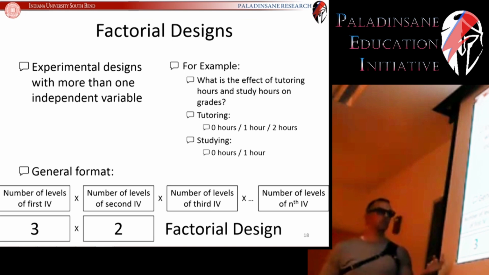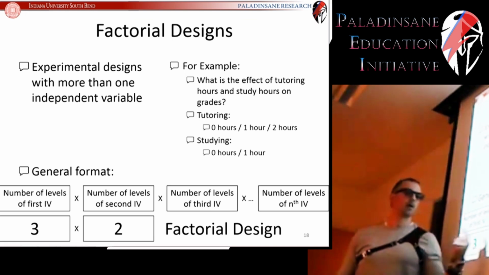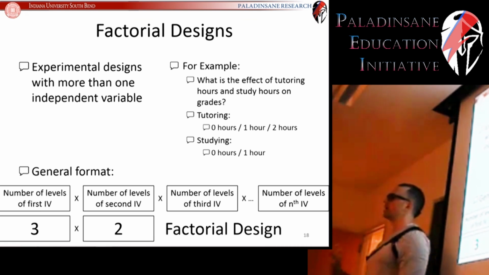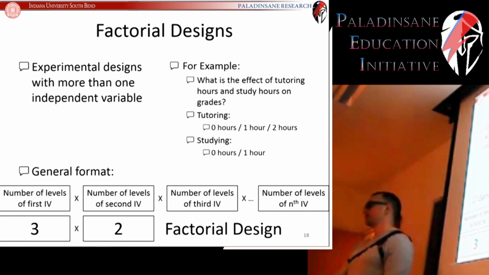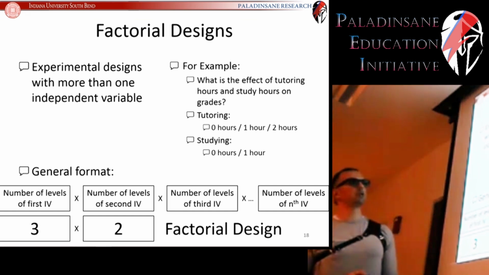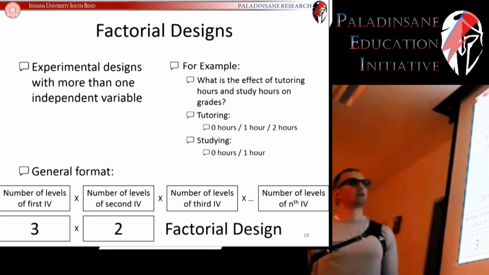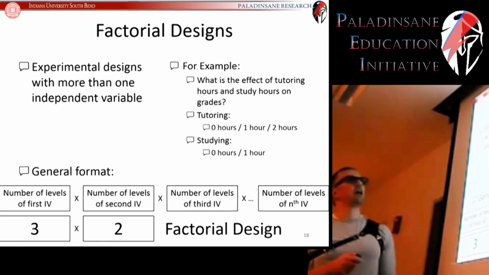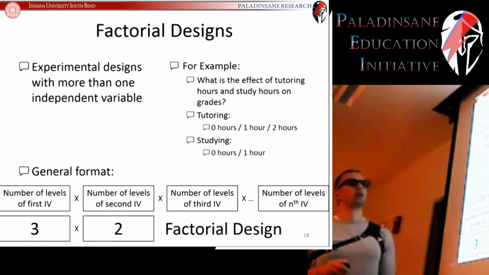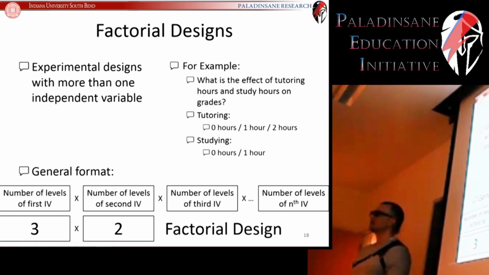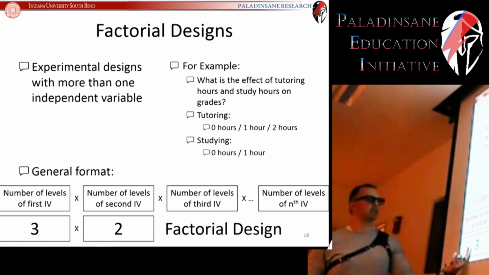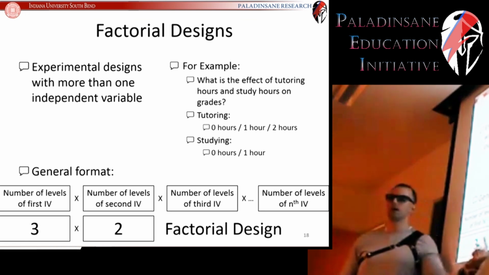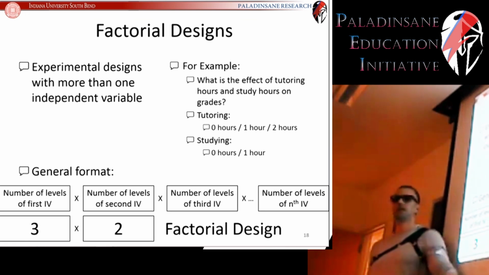This multiplication is basically a way of summarizing how many different conditions are in this one experiment. We have 3 tutoring conditions and 2 studying conditions, and a factorial design uses every combination of your conditions to form the entire set of unique conditions. In this case, 3 times 2, we get 6 unique conditions.